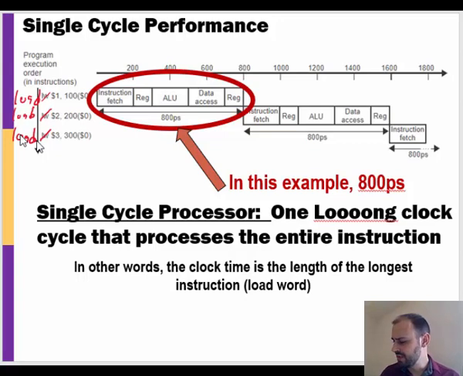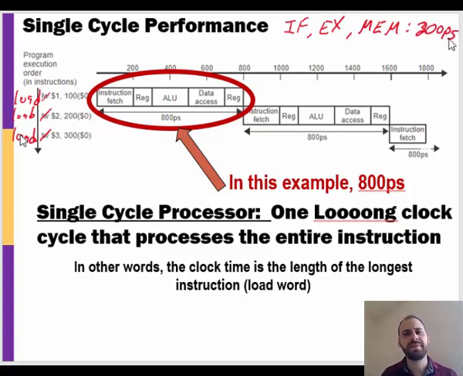So the IF stage, the execute stage, and the mem stage each take 200 picoseconds, and let's assume that the decode and the write back took 100 picoseconds.